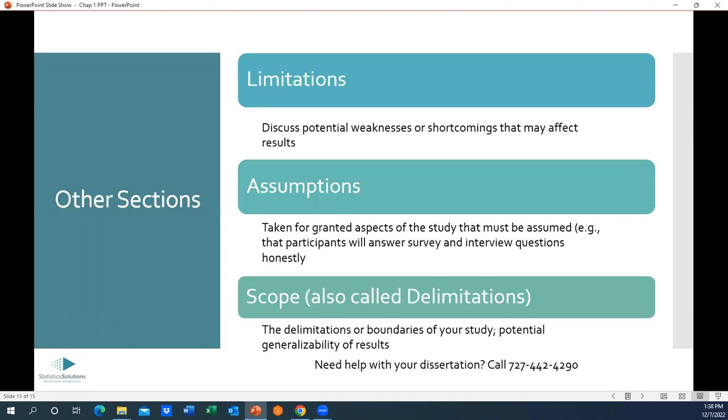But the limitations of a study are potential weaknesses or shortcomings that can affect your results. So for example, a big potential limitation for quantitative studies is you may not get an adequate sample, like your sample size may be too low.